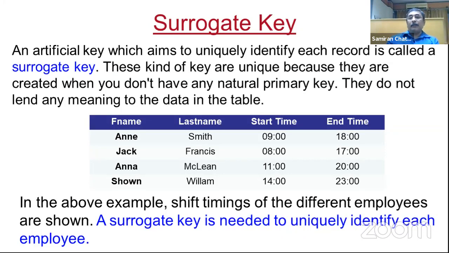This is not inherent to the entity, and I want to make this a surrogate key, an auto-generated key. I have a counter, I go on incrementing it every time some entity is inserted, and therefore it becomes unique, and I use that as a key. So that's a surrogate key.